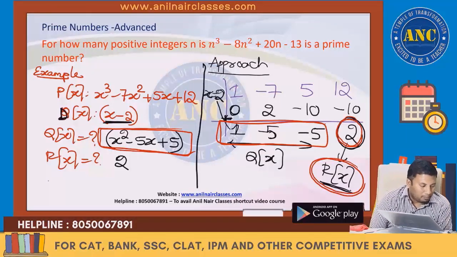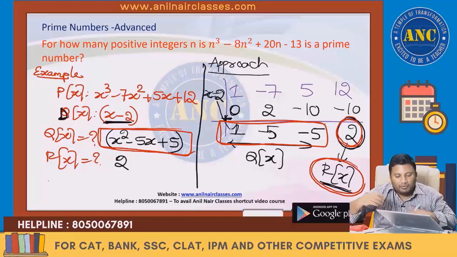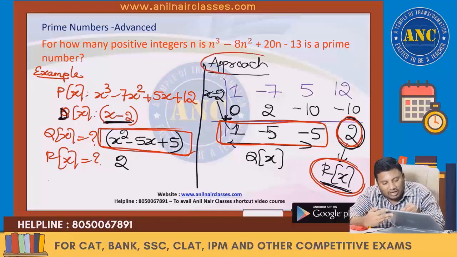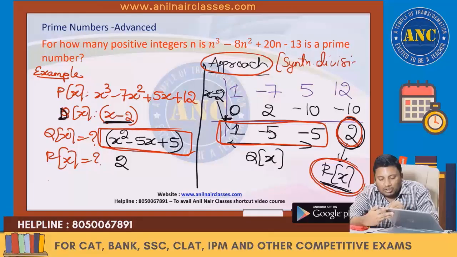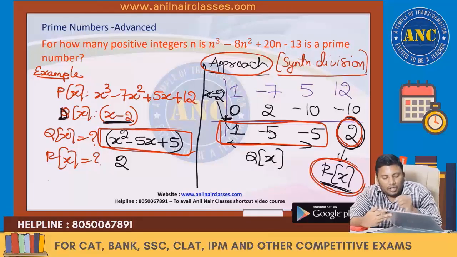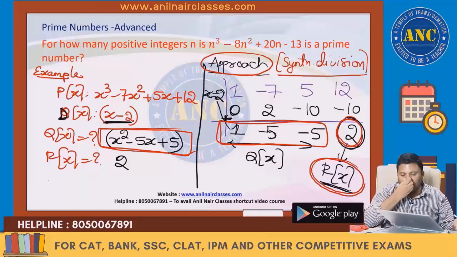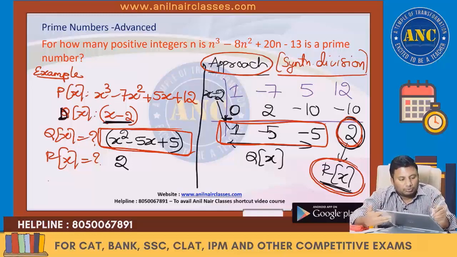One more example we will solve, then it will be very easy for you to understand. This is known as the synthetic division approach. Synthetic means unreal, so instead of doing the generic division, we do it using synthetic division. Example 2.